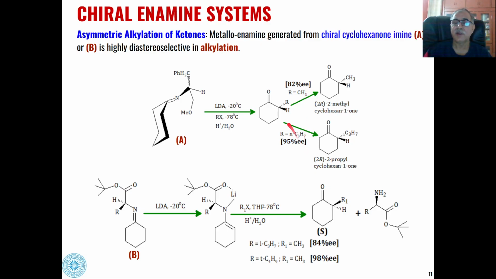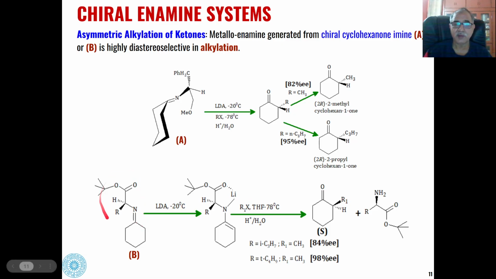And if it is a bigger group like isopropyl, the diastereoselectivity or enantioselectivity increases to the order of 95%. So likewise, after hydrolysis of the chiral auxiliary intermediate, we will get the alkylated product.